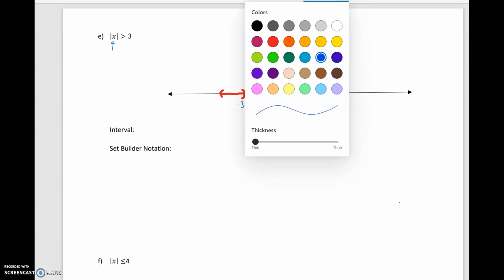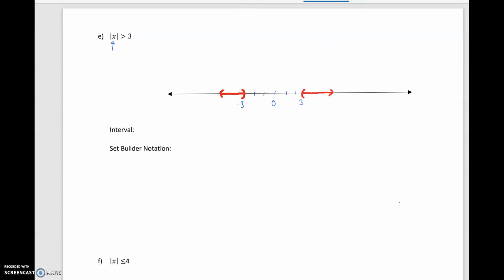When we're talking about interval notation, notice that any distance that is greater than 3 is going to be, well, from negative infinity up to negative 3. So in this case, negative infinity to negative 3. And then in order to use symbols to describe that there is a gap, we typically use the symbol union.